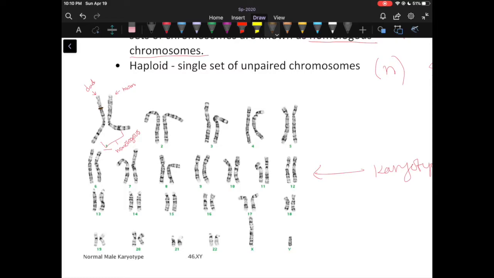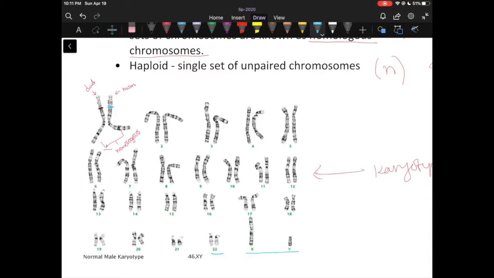That codes for brown eyes. I showed this with the brown marker here. And your mom has the gene for blue eyes. Those allele combinations will ultimately determine what type of phenotype you're going to have, or what eye color you're going to have, right?